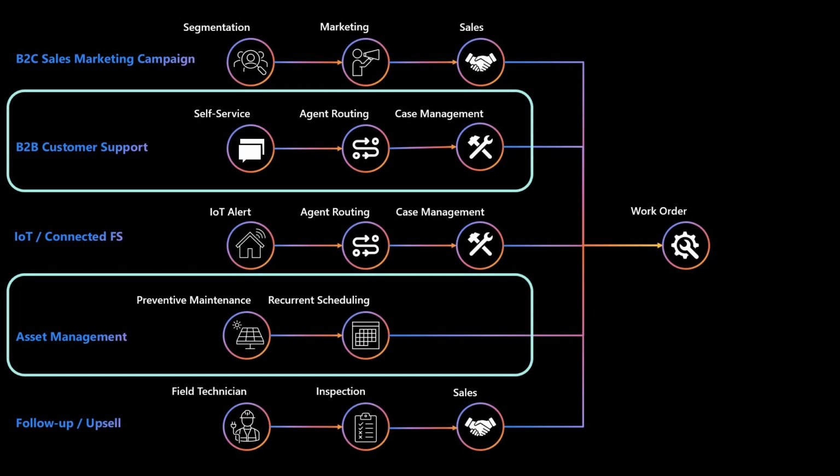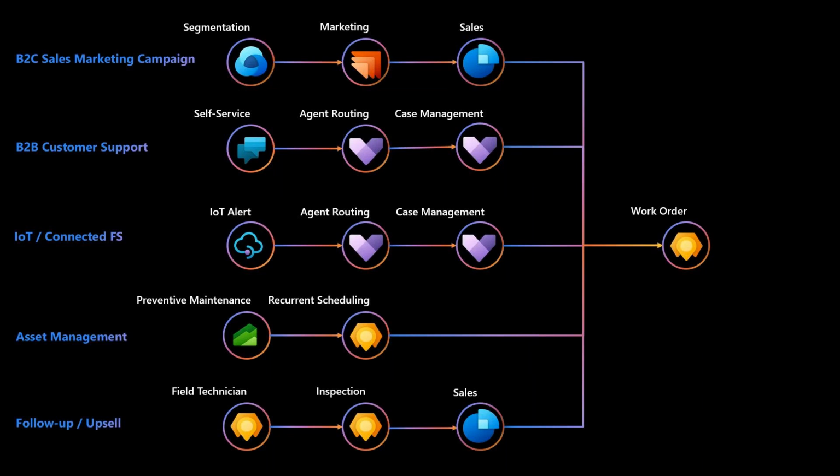We're going to take a look at 2 of these 5 scenarios in the demo. We're going to look at what it looks like when a customer gets in touch with you and asks for help. And then we're going to look at the recurring maintenance, the preventive maintenance scheduling aspects of field service. But recall, each of these scenarios can touch or ultimately result in a work order. And each of these scenarios touches different parts of your solution set.